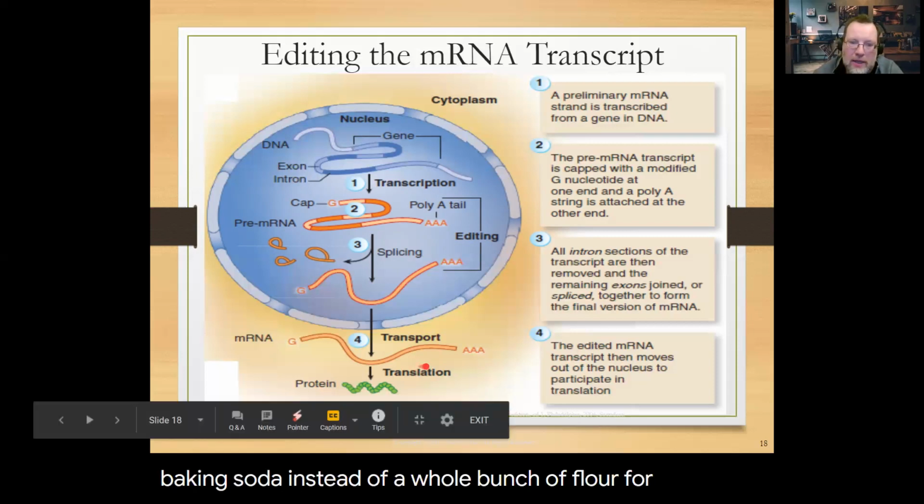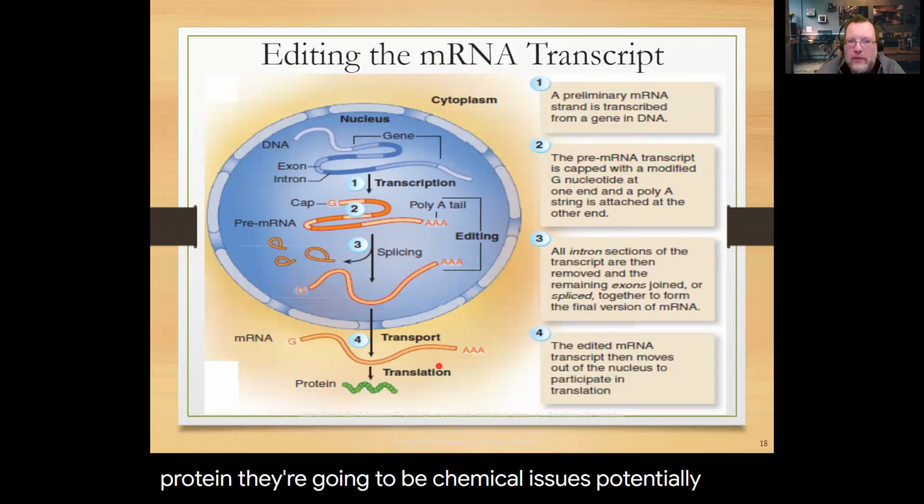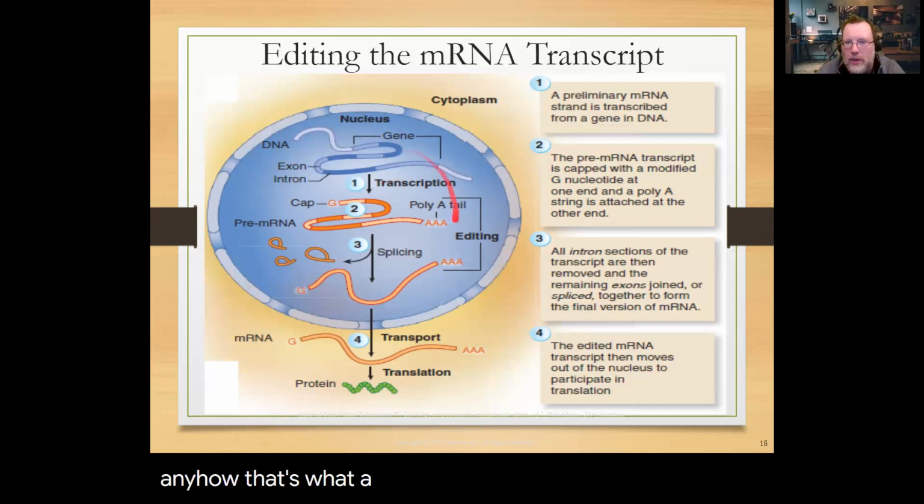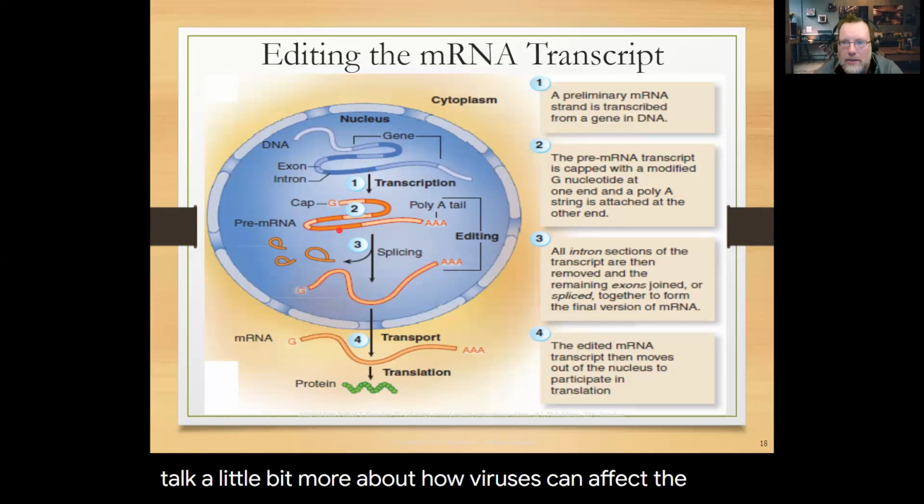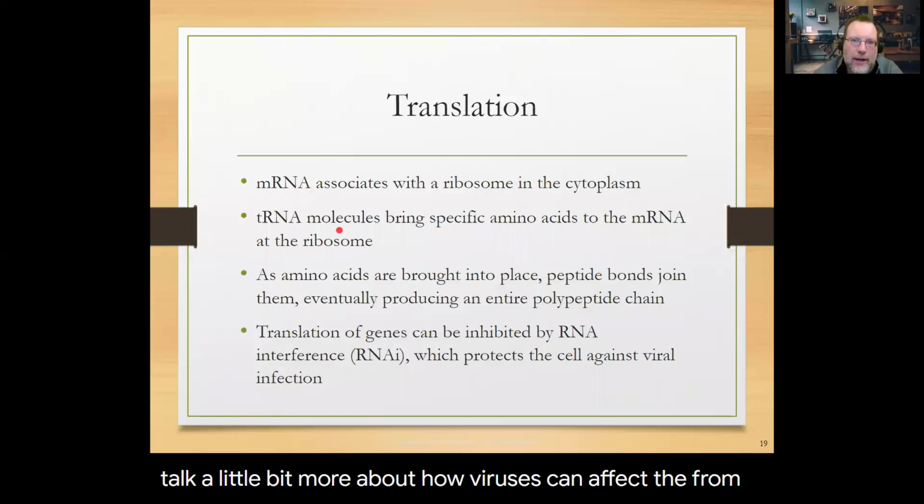And so that's not going to be a very solid or functional protein. There are going to be chemical issues potentially. So anyhow, that's what a virus is going to be doing. So next chapter, next competency is on the immune system. So we'll talk a little bit more about how viruses can affect the editing process of messenger RNA.